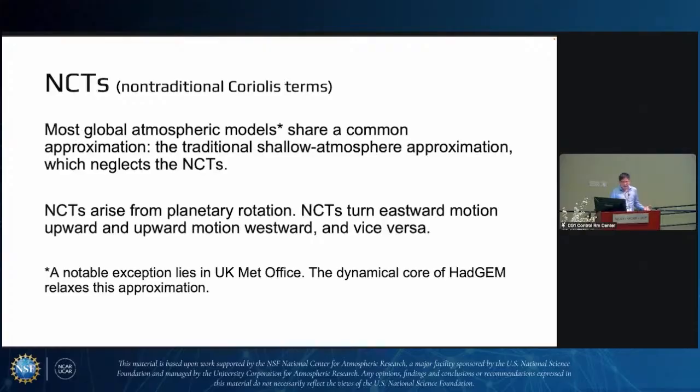Most of the global atmospheric models share this common approximation, the traditional shallow atmosphere approximation, which neglects the non-traditional Coriolis terms. Non-traditional Coriolis terms arise from planetary rotation. They turn eastward motion upward and upward motion westward, and vice versa.